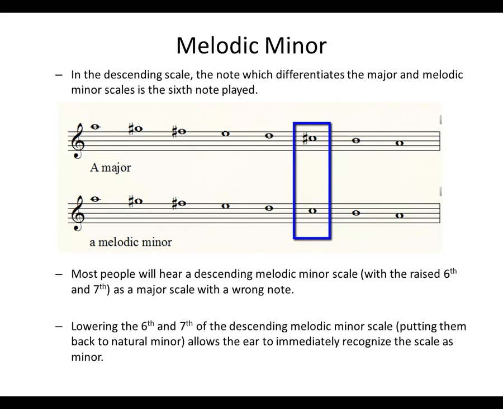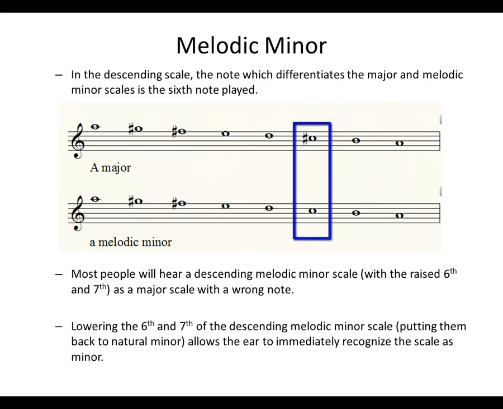So the descending major scale and the descending melodic minor scale, to most people's ears, that is going to sound like you played a major scale with the wrong note on the 6th note.